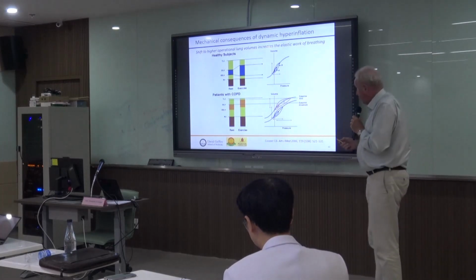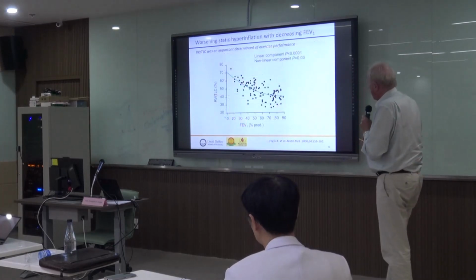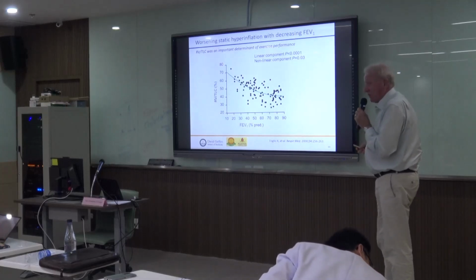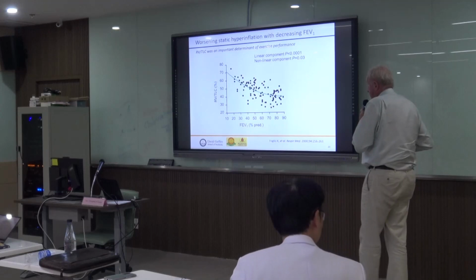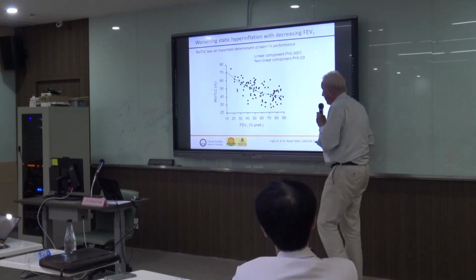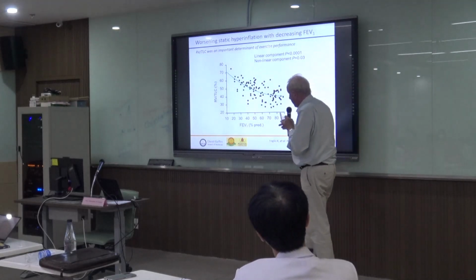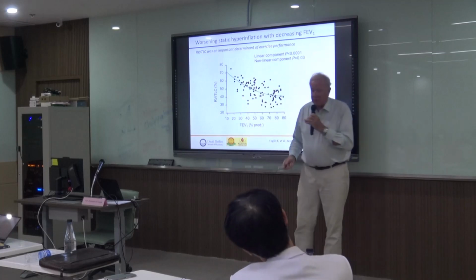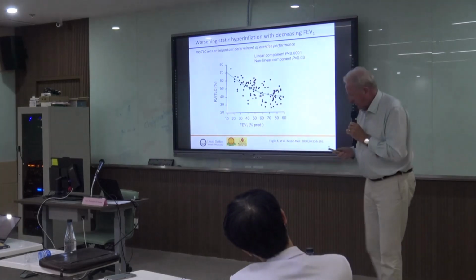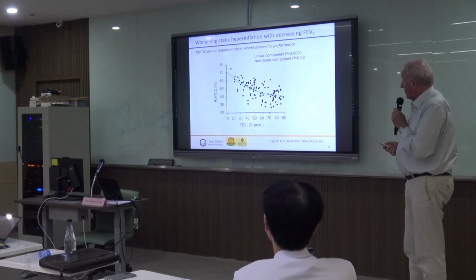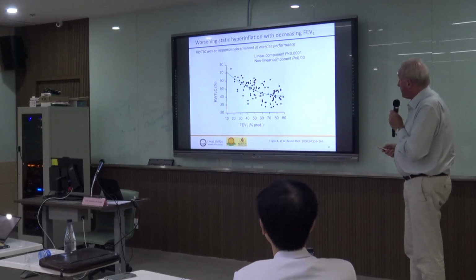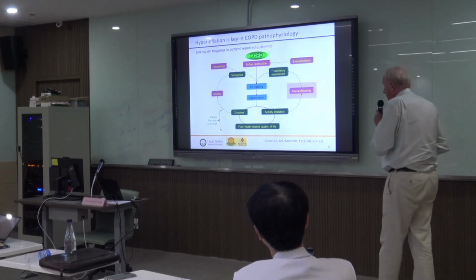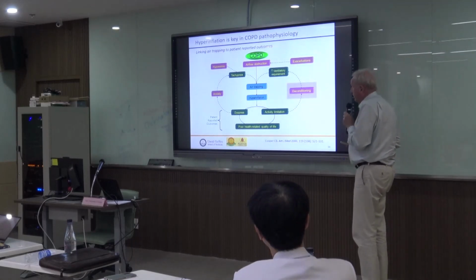And in fact, static hyperinflation gets worse with worsening spirometrically defined COPD. So as the FEV1 as a percent predicted falls, the RV as a percentage of total lung capacity increases. That's quite well known. So the static hyperinflation gets worse, and dynamic hyperinflation gets worse as well.